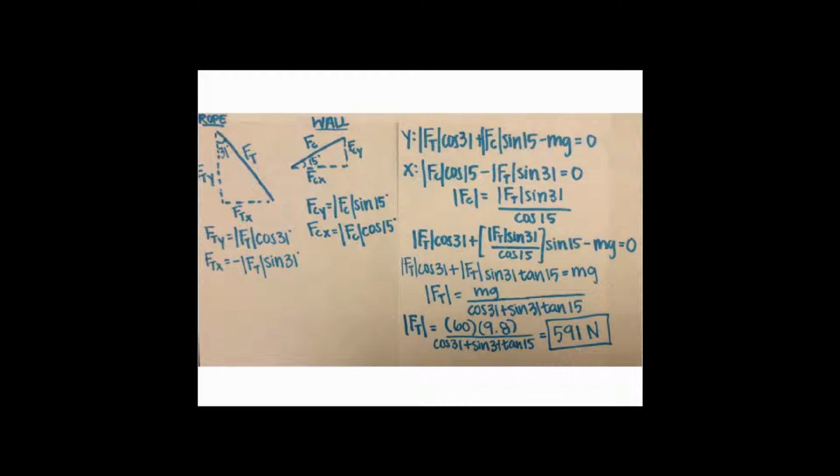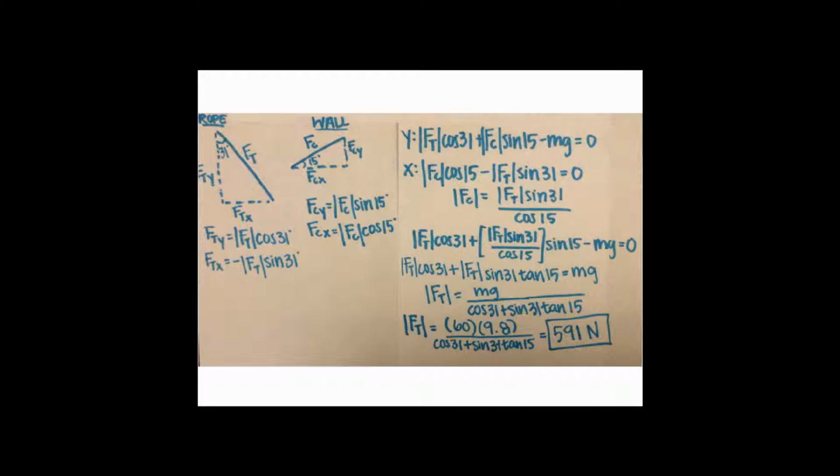Fcy is equal to the magnitude of Fc times sine 15, and Fcx is equal to the magnitude of Fc times cosine of 15. And we must use those equations and plug them back into the equations that we came up with previously for the forces in the X and Y directions.